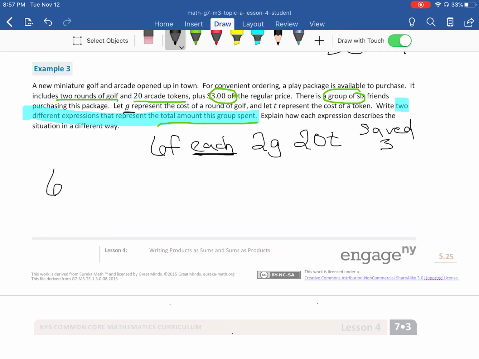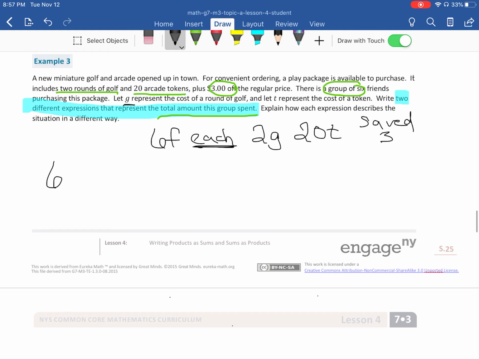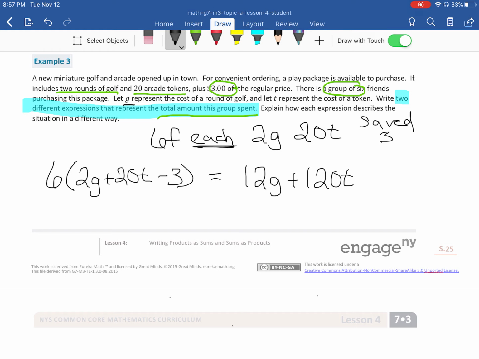So I can rewrite this 6 times 2G plus 20T, and I'm going to say minus 3 because I'm getting $3 off. Another equivalent expression, I'm going to factor out that 6. 6 times 2 equals 12G. 20 times 6 equals 120T, and minus 18. Now explain how each describes the situation in a different way.